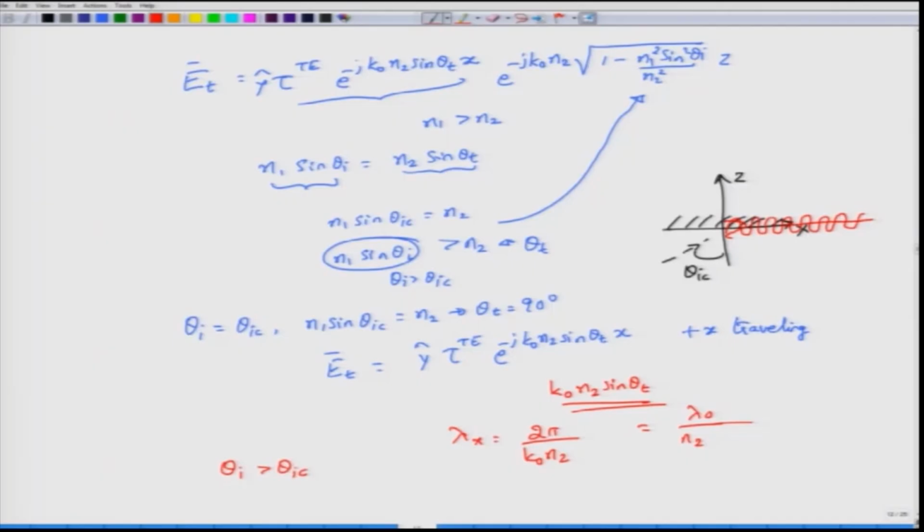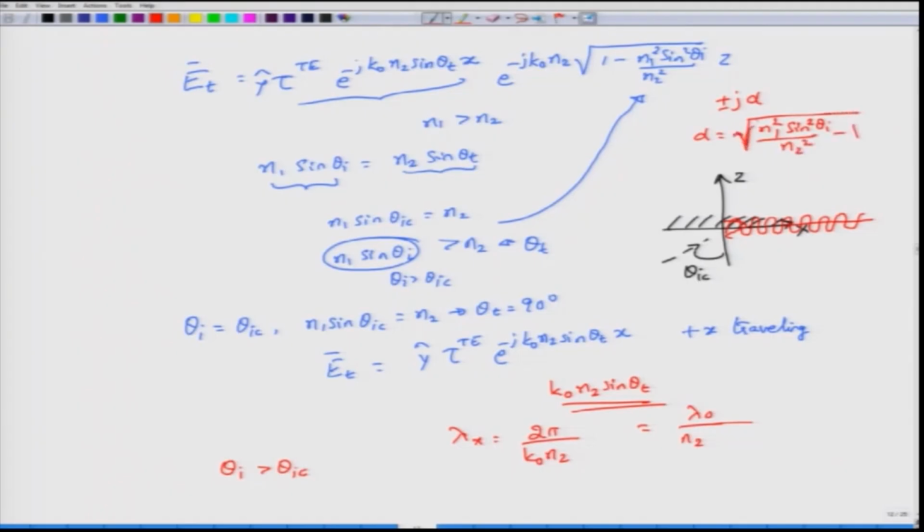And if this is complex, then you can rewrite this as plus or minus j alpha, where alpha is given by square root of n1 square sin square theta i divided by n2 square minus 1.